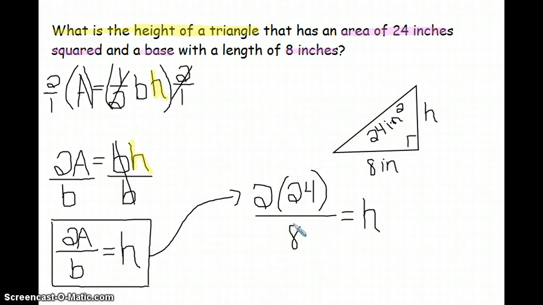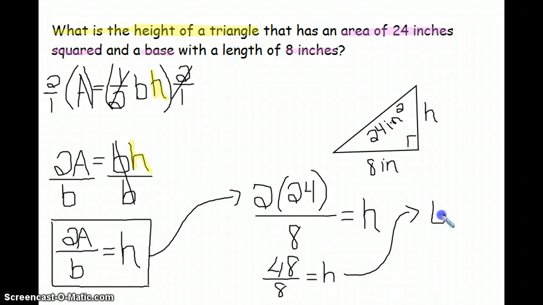But in this case, we have 2 times 24. I'm actually going to work this out step by step. Gives you 48 over 8. That's our height. And then we'll write our final answer up here. 48 divided by 8 is 6.